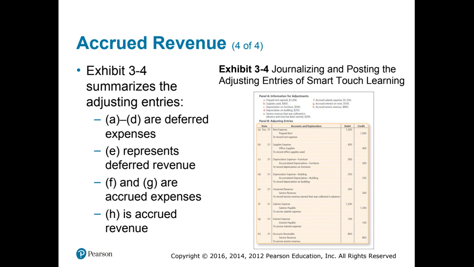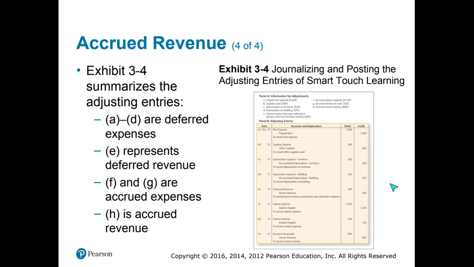Panel A gives the data for each adjustment. So this is panel A, right? Can you see my pointer? Okay, now, so this is panel A, which gives the data for each adjustment. And then panel B right here. So all of this is showing the adjusting entries.